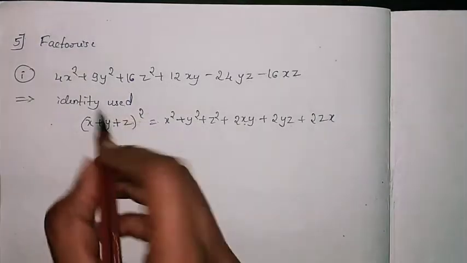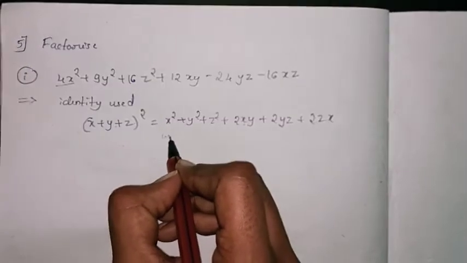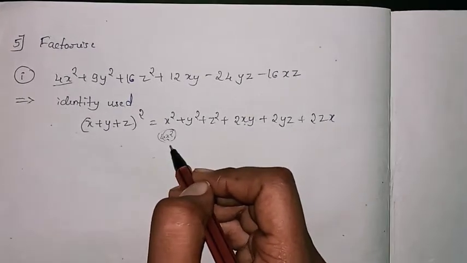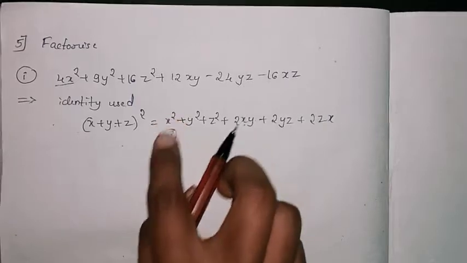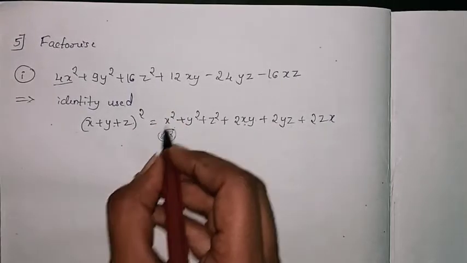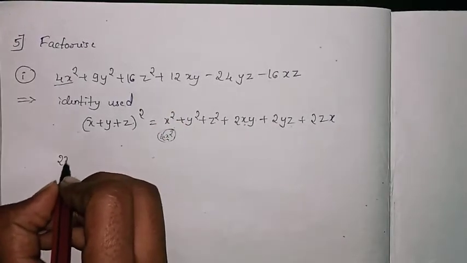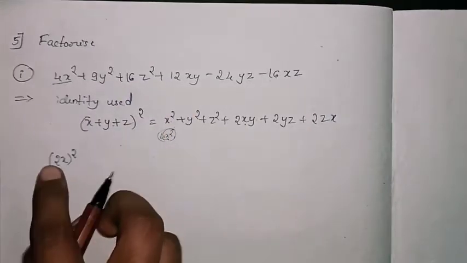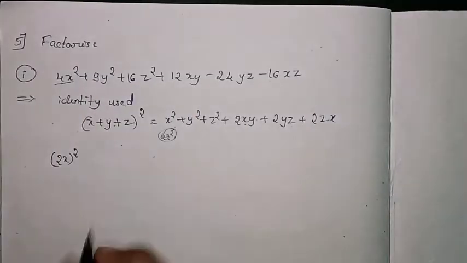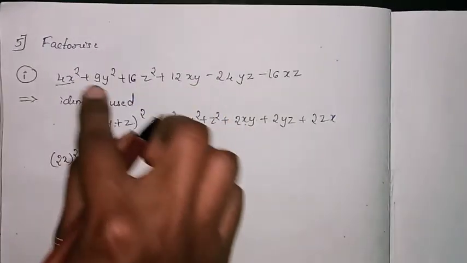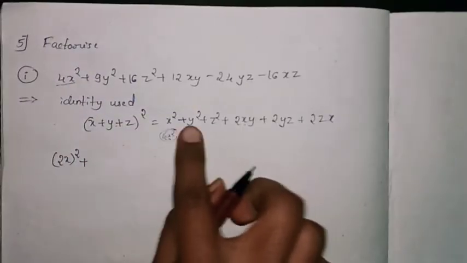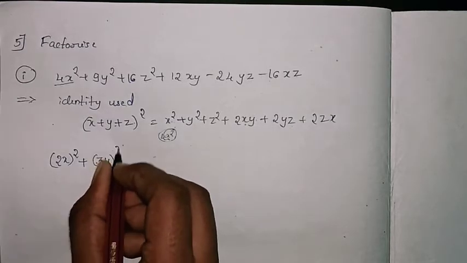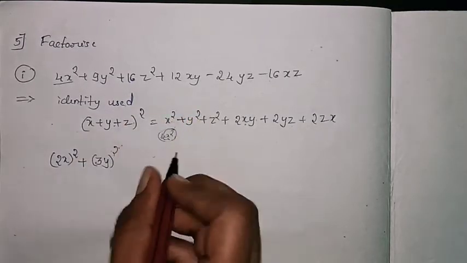Now this is 4x square, so you have to write it in terms of an x square term. It is (2x) whole raised to square, which becomes 4x square. Then 9y square I convert in terms of y, so it is (3y) square, since 3 square is 9 and y raised to square is y square.